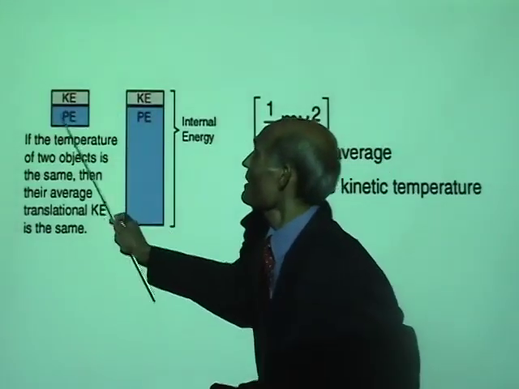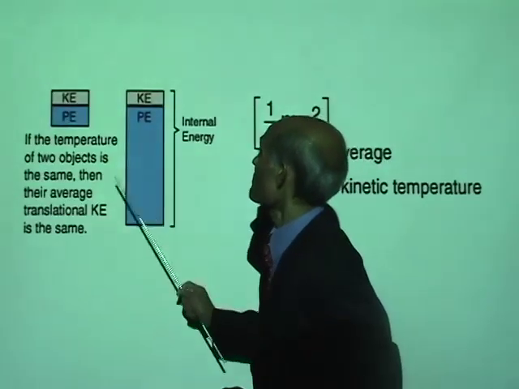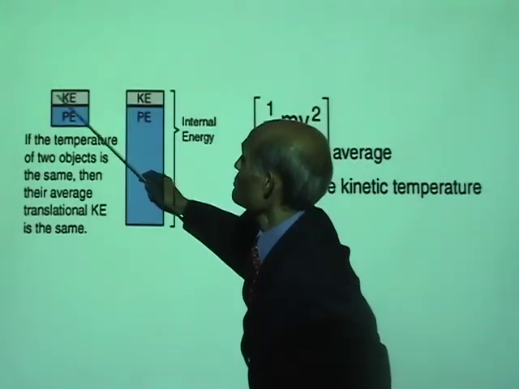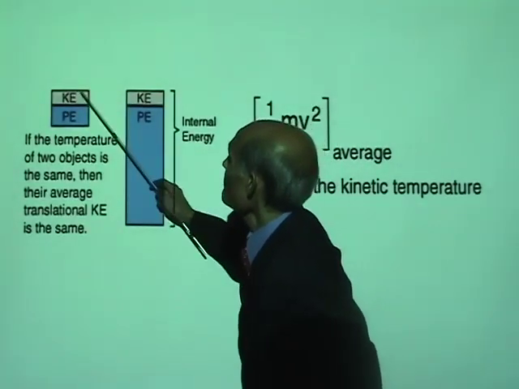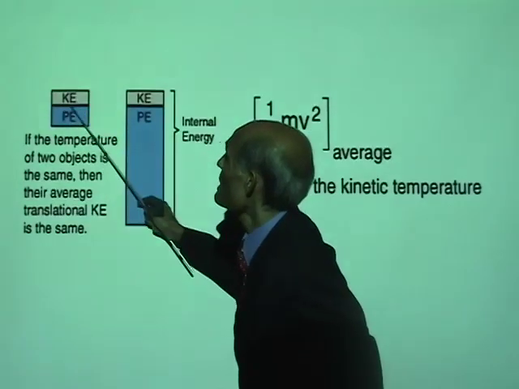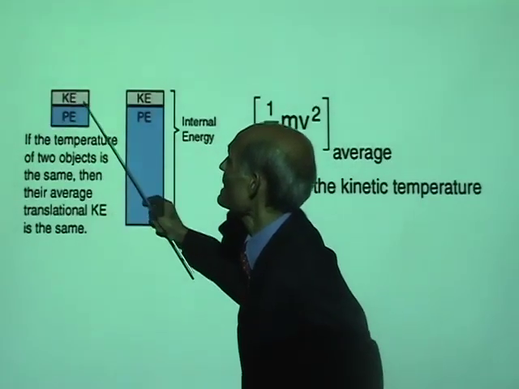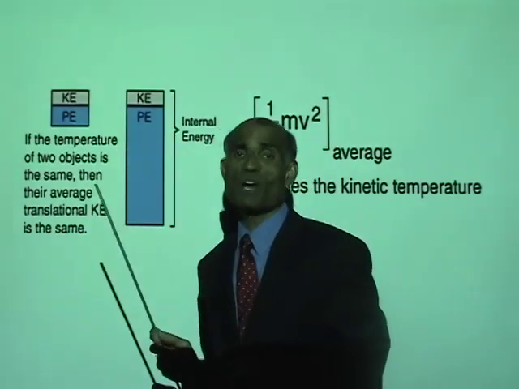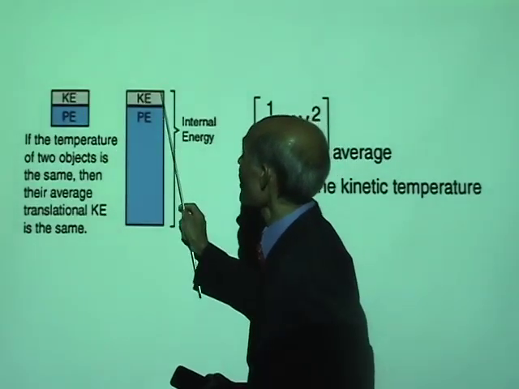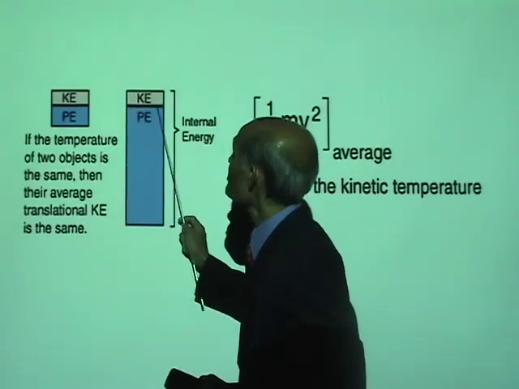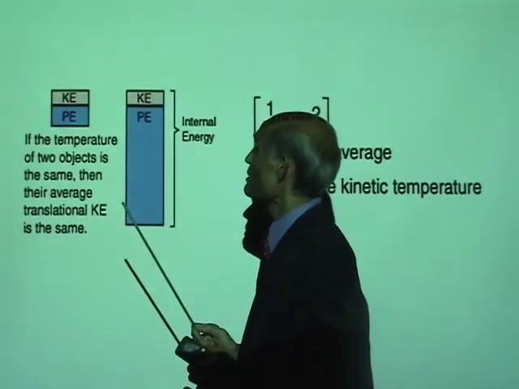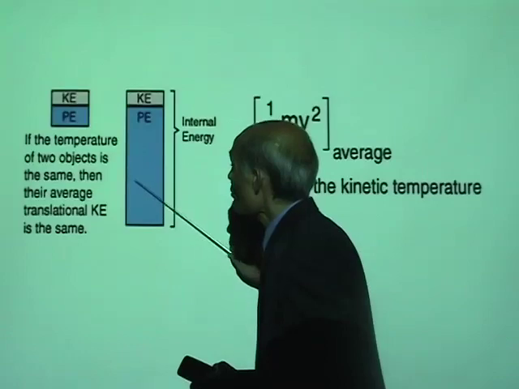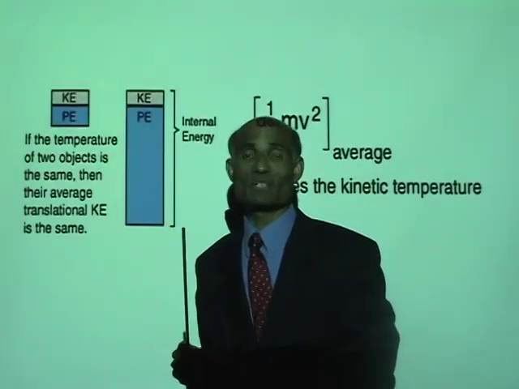Now, here I have another illustration. Suppose I have two objects. In one object, this is a measure of the average kinetic energy, and this is the total potential energy of the molecules. In the second object, this is the measure of average kinetic energy, and this is a measure of the total potential energy.